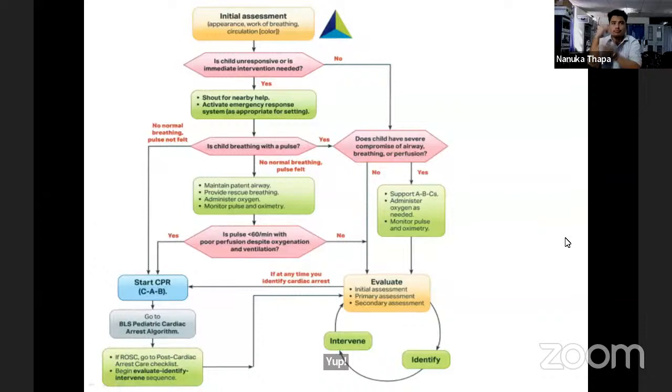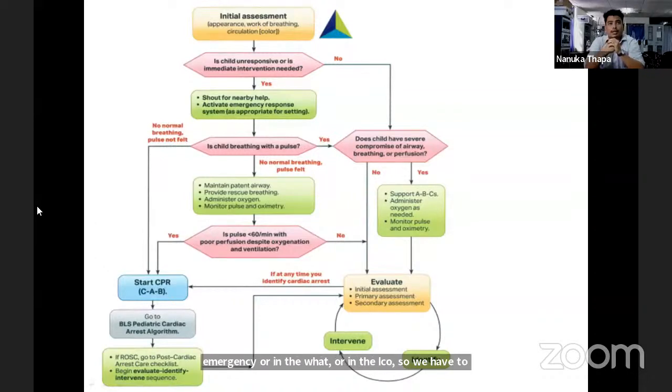Okay. So whenever we see a pediatric patient, either in emergency or in the ward or in the ICU, we have to do some initial assessment. In the initial assessment, we have to look at the appearance, the work of breathing, and the color of the child.